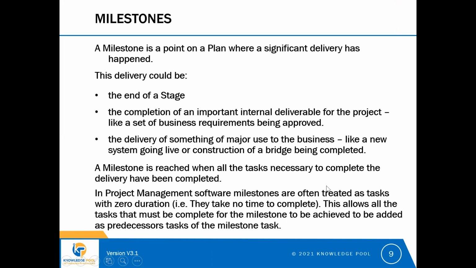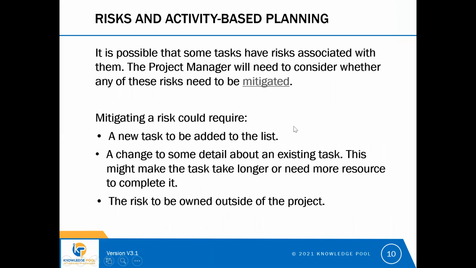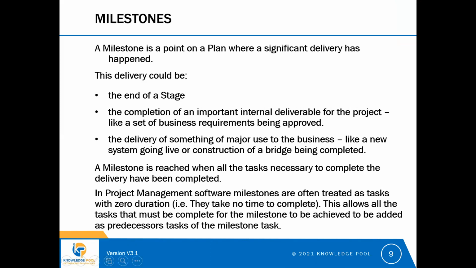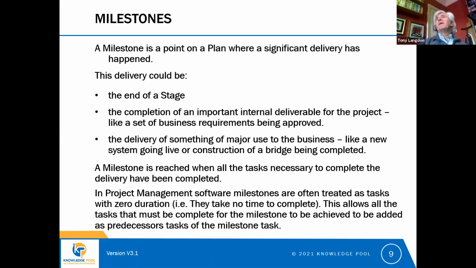Okay, so we can safely say that each stage of the project management life cycle is a milestone, right? Yes, you can safely say that the completion of each stage in a project, so the end of the initiation stage, the end of the planning stage, the end of the delivery stage, they are milestones, and they would tend to be shown on the project plan as milestones.